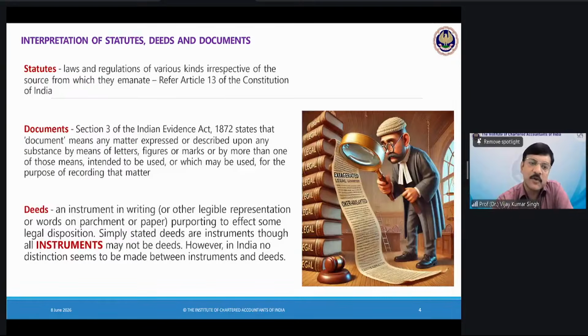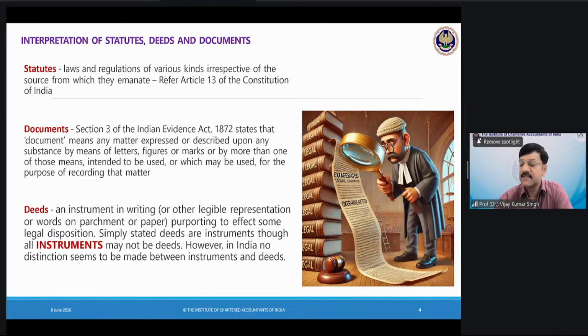So all these three situations, statutes, documents, and deeds, require interpretation, because the clauses may have some complexity or an issue of interpretation, and hence they have to be interpreted by the people dealing with them.